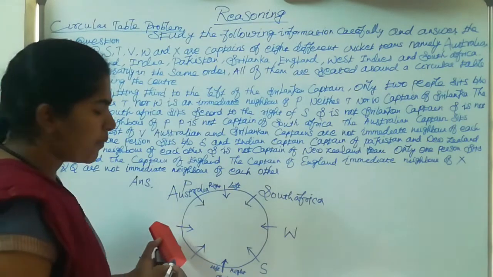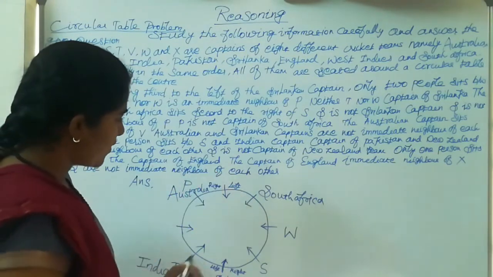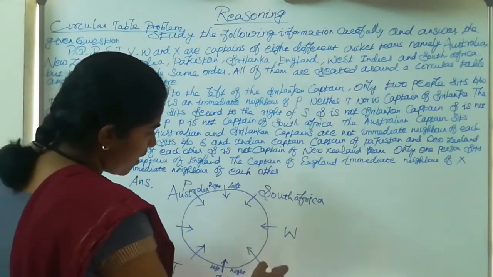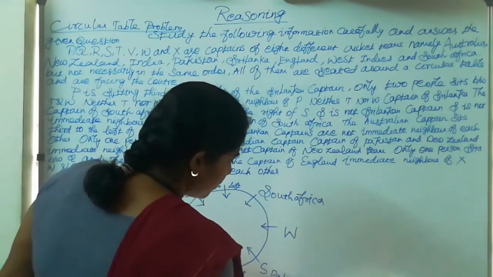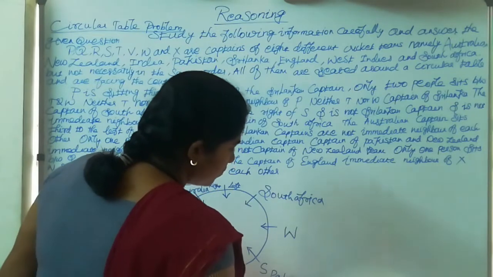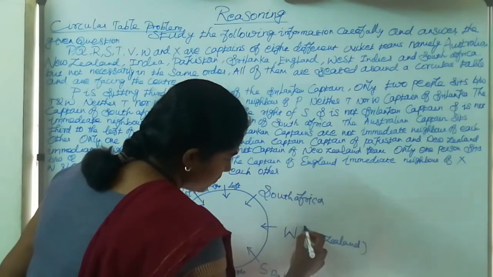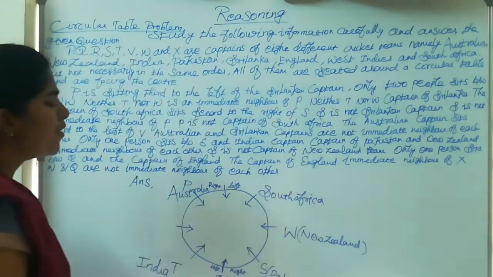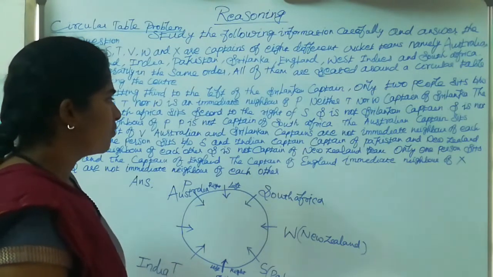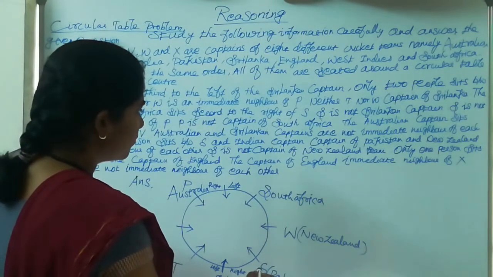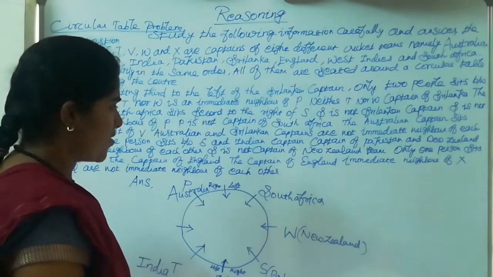The captains of Pakistan and New Zealand will not get place in those spots, so they take the place here: Pakistan, New Zealand, immediate neighbors of each other. S is not the captain of New Zealand, so S is the captain of Pakistan.